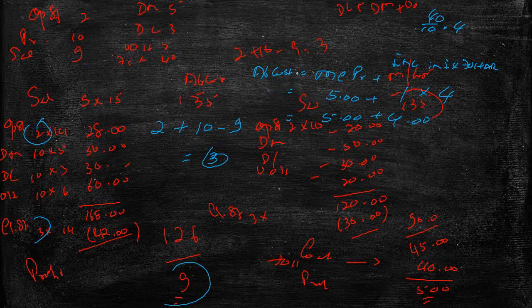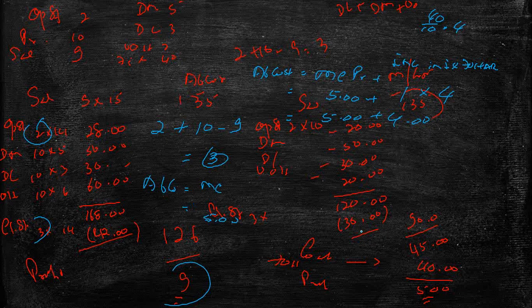When we come to the formula, what do you look at? We want to arrive at the absorption cost profit. So we looked at the marginal cost profit. Marginal cost profit is 5.